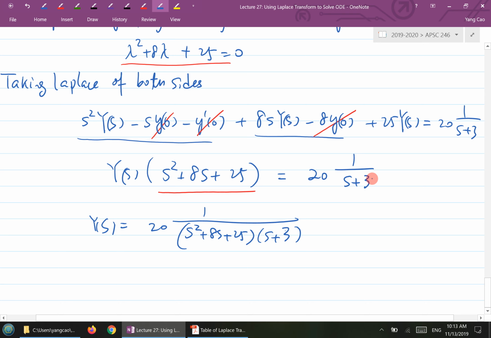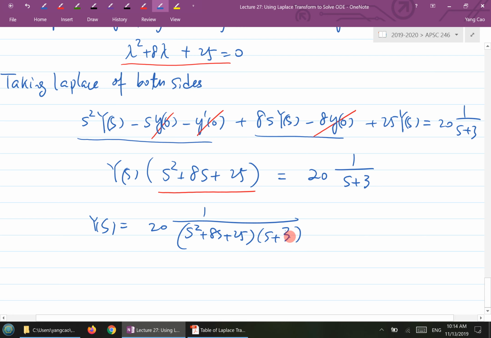Okay. So from here, you have a numerator divided by a denominator, and then you try to decompose this expression into the simplest format. Before you do that, we examine the solution for the denominator. The solution for this one is easy, that's s equal to negative 3.